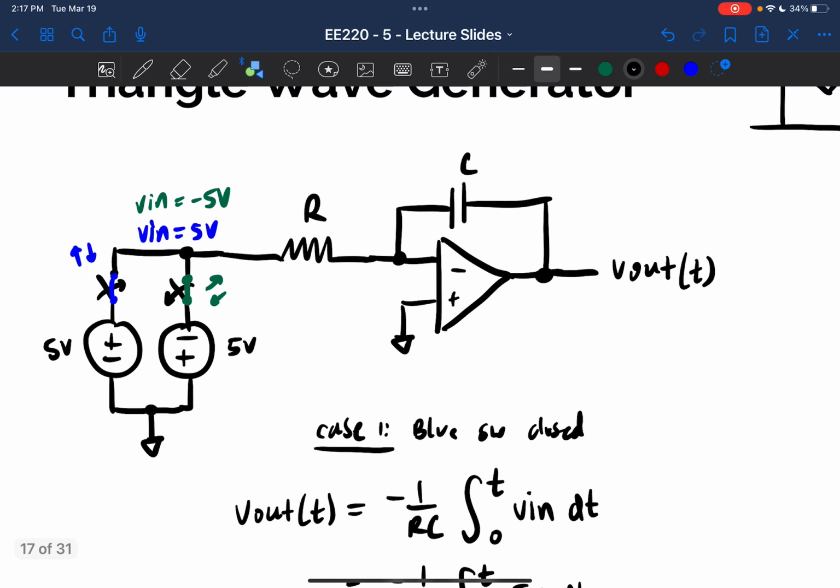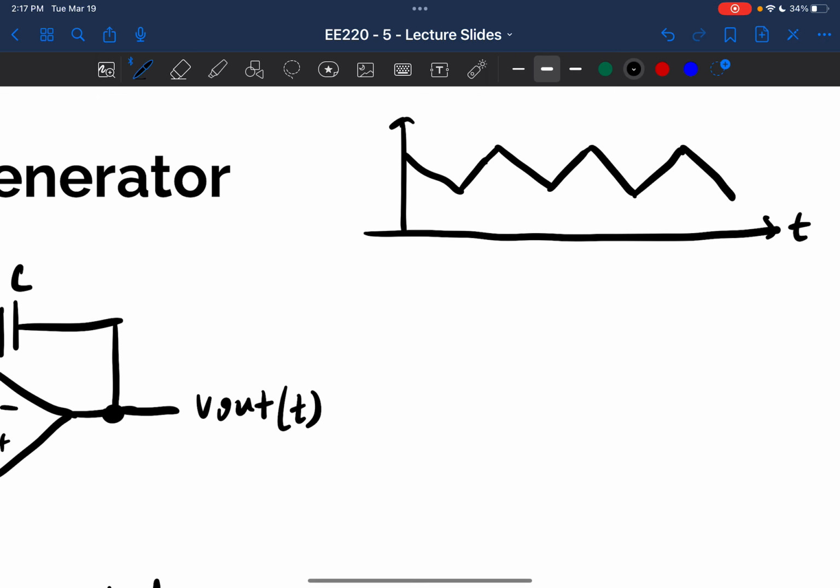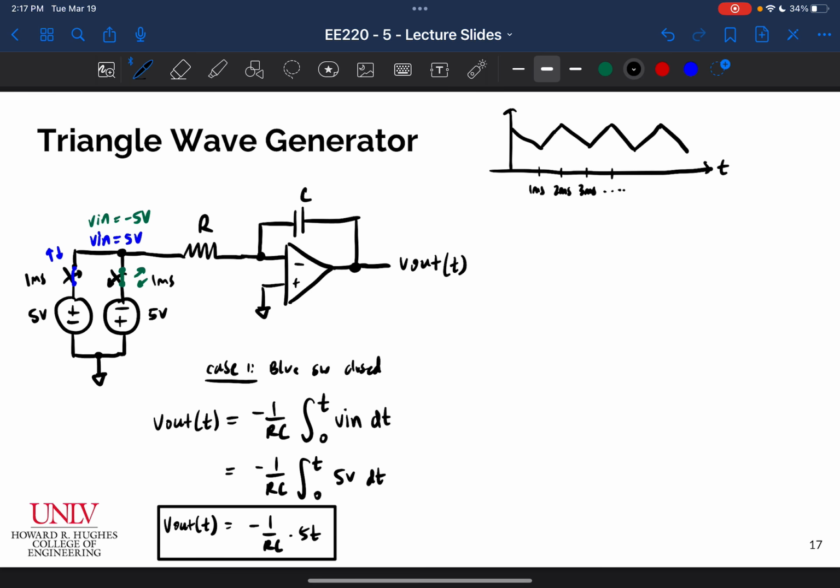Let's say each switch is on for 1 millisecond at a time. That would mean that each transition here would happen in 1 millisecond. And so this first V out of t is when my blue switch is on.